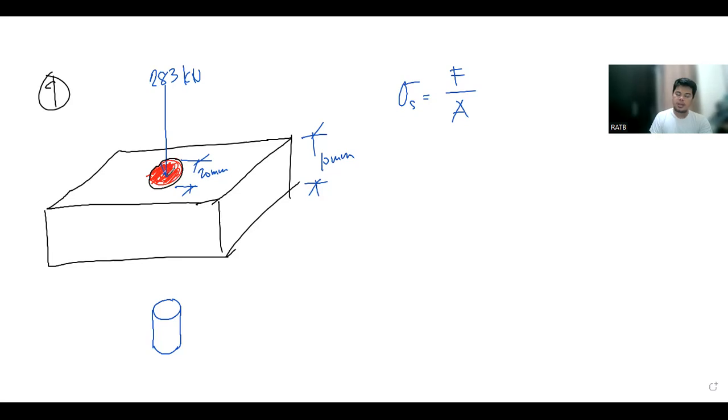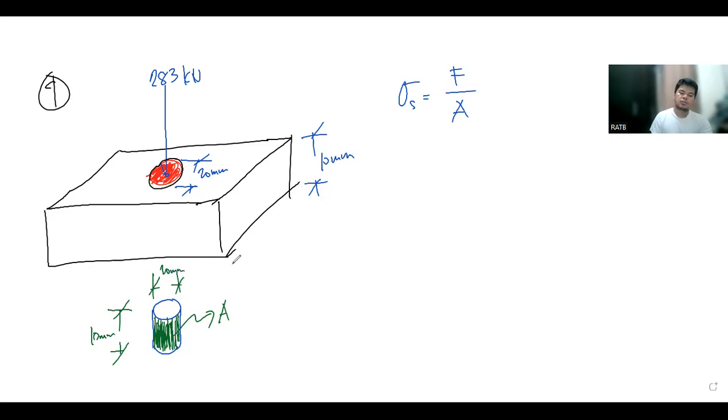But since we are asked with the shearing strength, the area that is being considered is actually the area around this cylindrical part which is being removed from the plate. So the height is 10 mm, and the diameter is 20 mm.